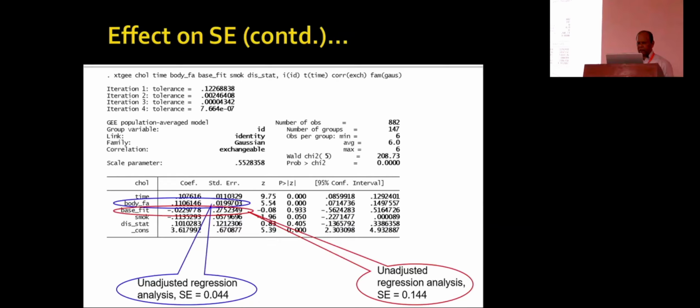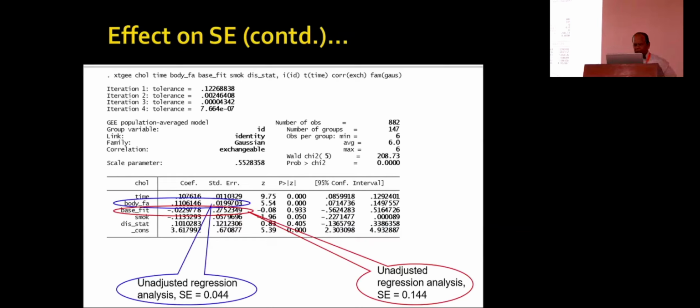See here, 0.014 unadjusted regression analysis, and here it is 0.27. The variable baseline fitness is not measured over a period of time. So what happens to the standard error? Unadjusted is 0.14, adjusted is 0.27. It increased. I don't worry about it because this is not measured over a period of time.